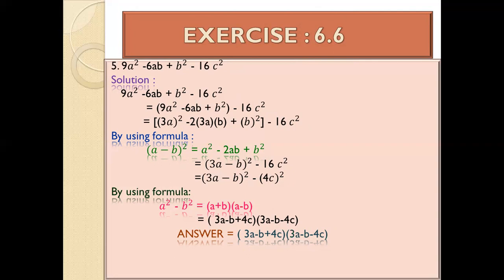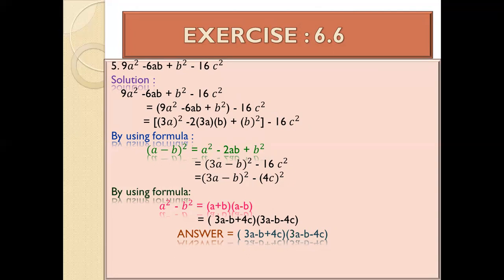Now 9a² is the square of 3a and b² is the square of b. Putting the values in the formula of (a − b)², which is equal to a² − 2ab + b².